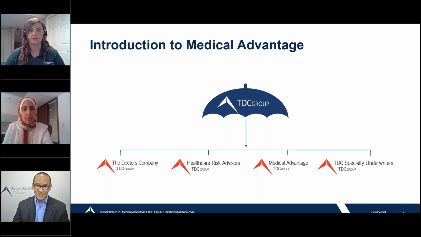TDC consists of different business units. Medical Advantage is the subsidiary, the only subsidiary not in the professional liability space, but providing a range of consulting services for providers, groups, specialties, including FQHCs at the point of care. And we'll get into this starting next with Bailey.